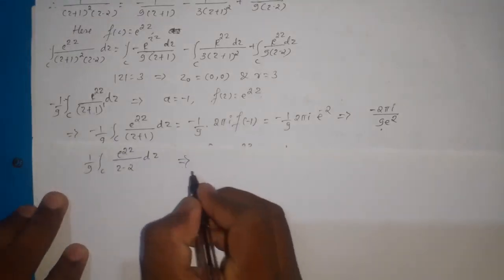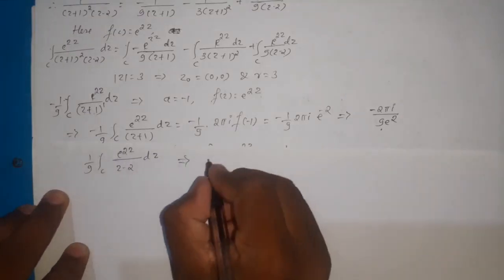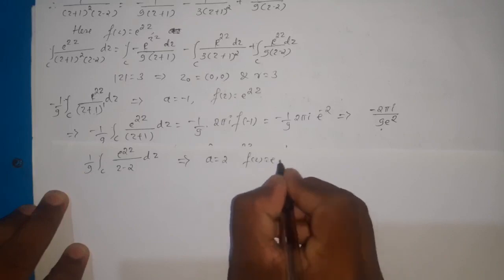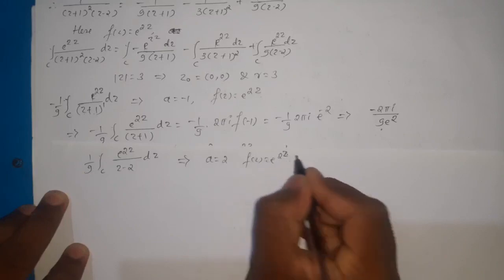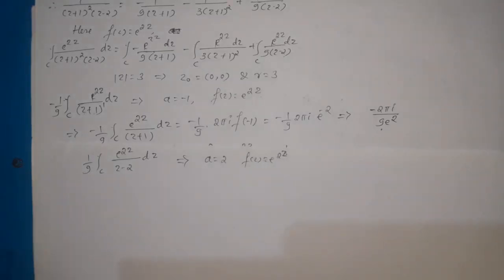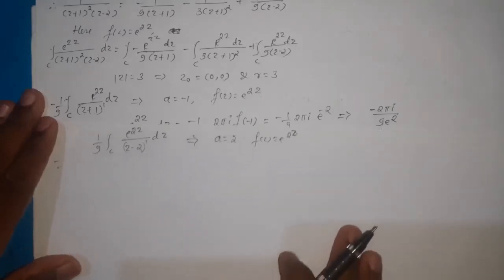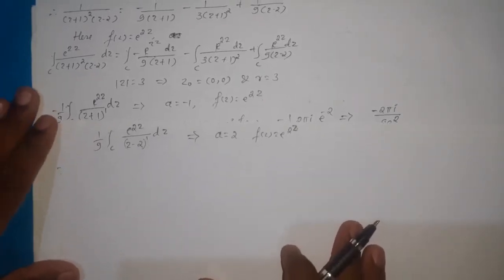Now this implies a is equal to 2 and f of z equals e power 2z, because here it is z minus 2. It is in the standard form z minus a, hence a is equal to 2, and since the power of this z minus a is equal to 1, we are going to use Cauchy's integral formula.